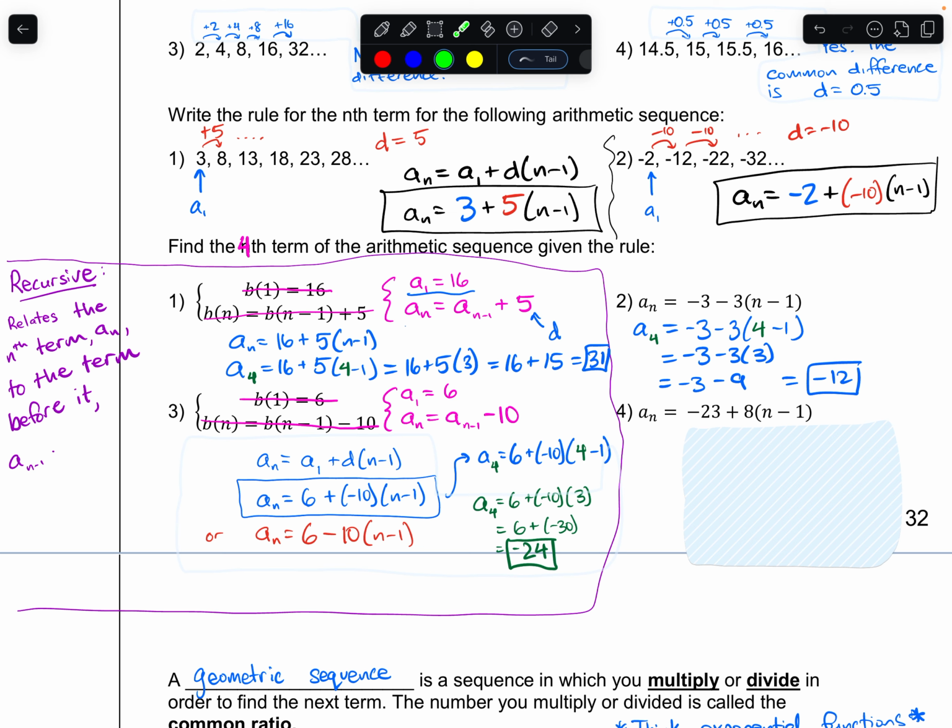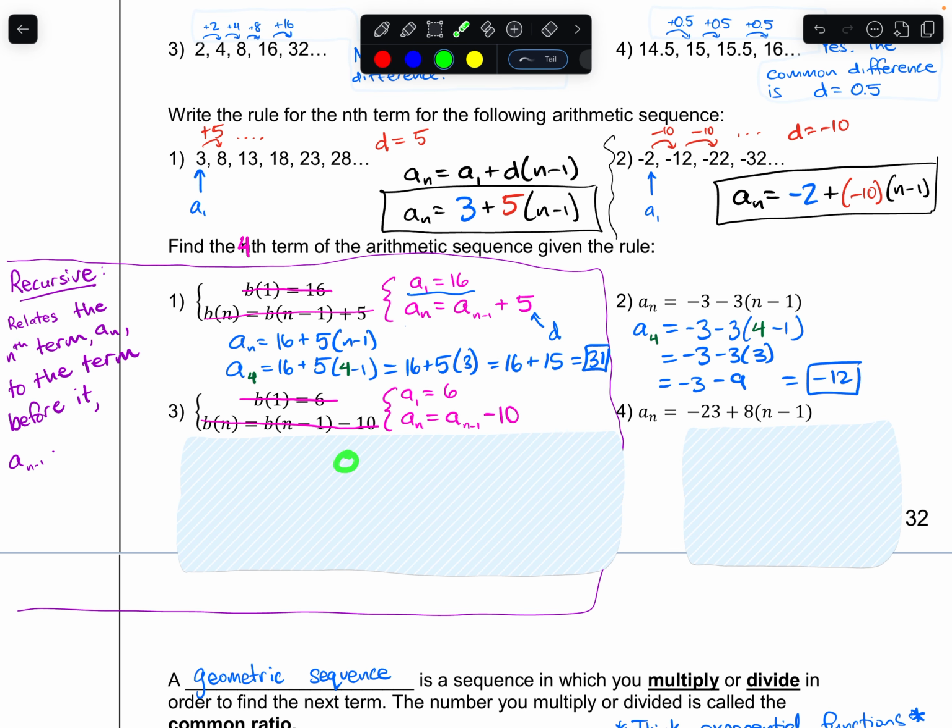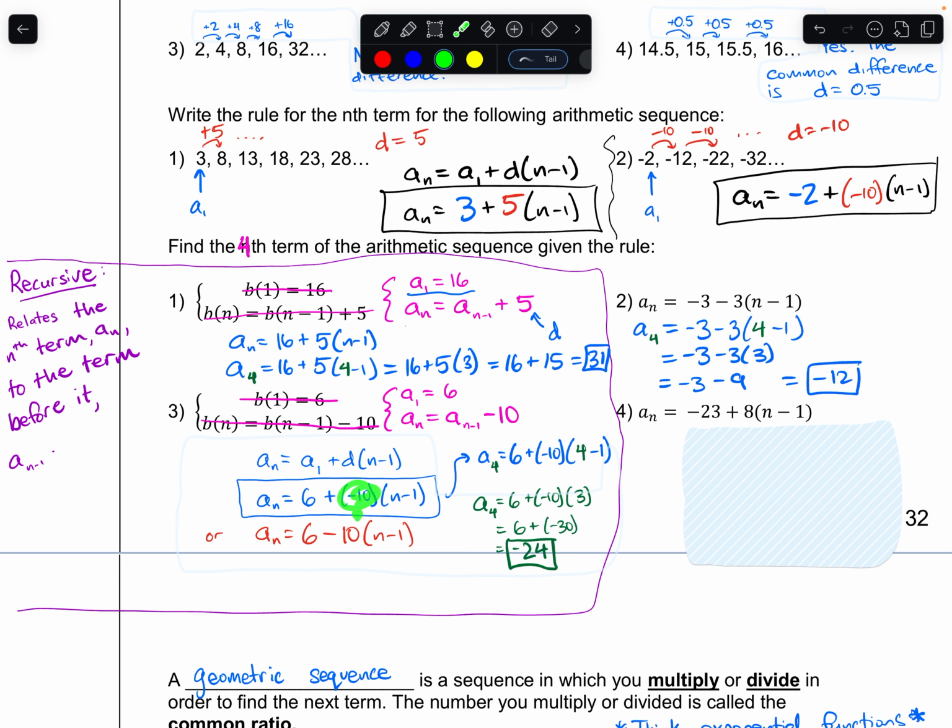Okay, so number 3, we pick out our first term, and since every term is the term before it minus 10, our common difference is negative 10. Sorry about that. Here, let me just erase this. There we go. So you should be able to write the explicit rule, just like we did in number 1.